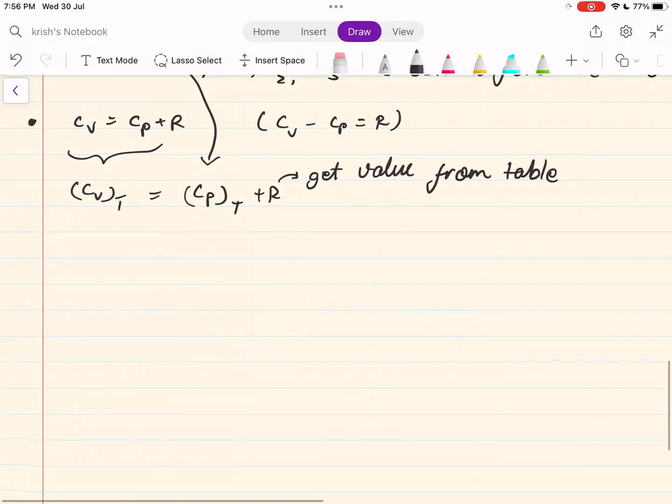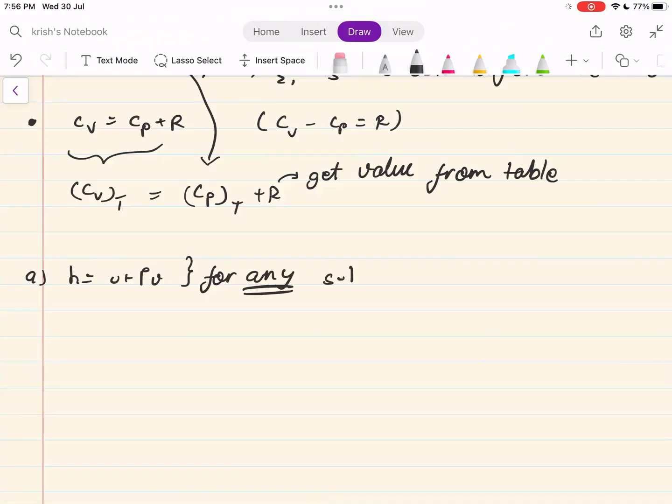An extra formula we have here: H equals U plus PV. This is for any substance, not only ideal gas. Although I've never actually used this. And H equals U plus RT. This is for ideal gas.